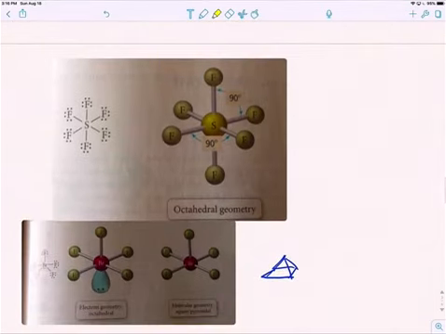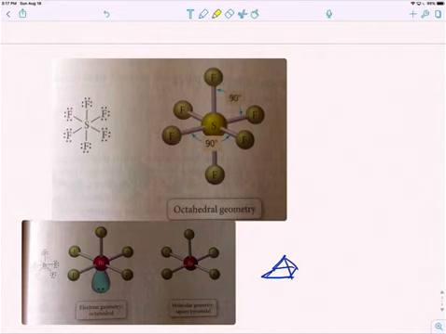Okay, so what about six things? Six things is known as octahedral geometry, and every bond angle is perpendicular. So everything is perpendicular, and this is an octahedron. Octahedral geometry is the same thing as cubic geometry. If you look at fluorite, you can see octahedral fluorite.